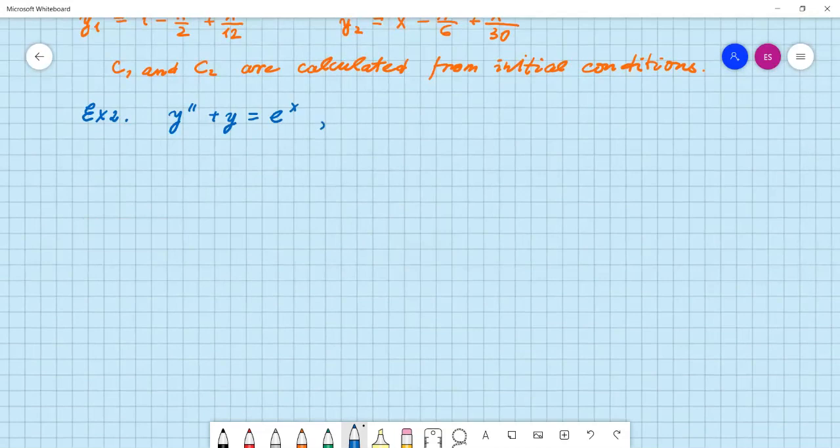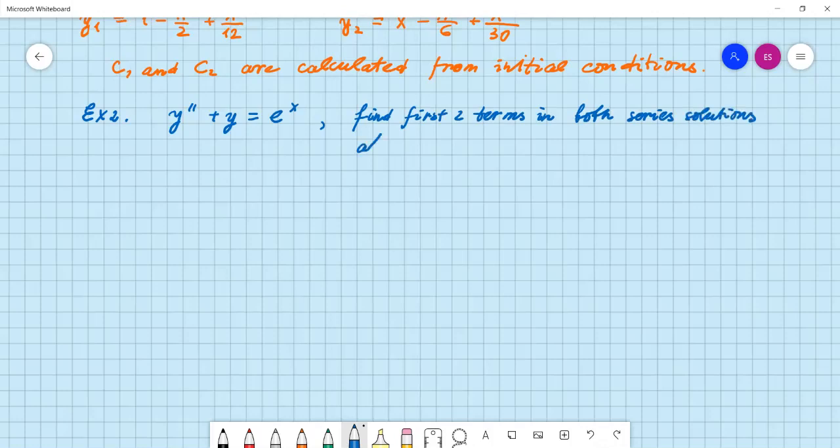Find first two terms in both series solutions about 0. So again, we are considering series solutions centered about 0.